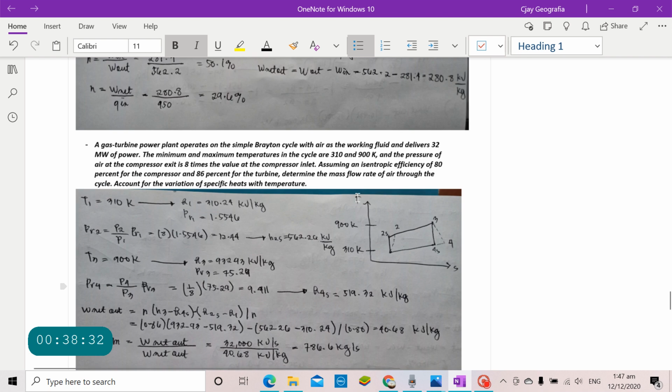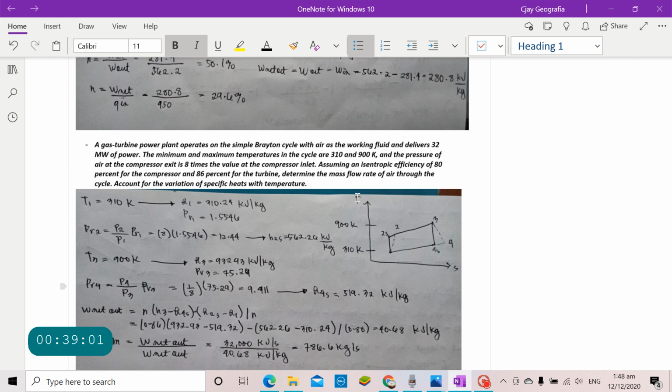Next question: a gas turbine power plant operates on the simple Brayton cycle with air as the working fluid and delivers 32 megawatts of power. The minimum and maximum temperatures in the cycle are 310 and 900 Kelvin, and the pressure of air at the compressor exit is 8 times the value at the compressor inlet.